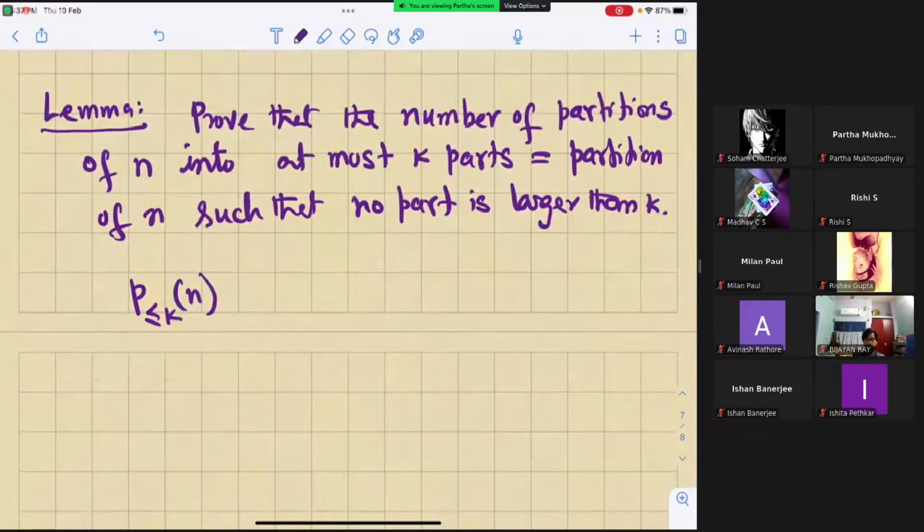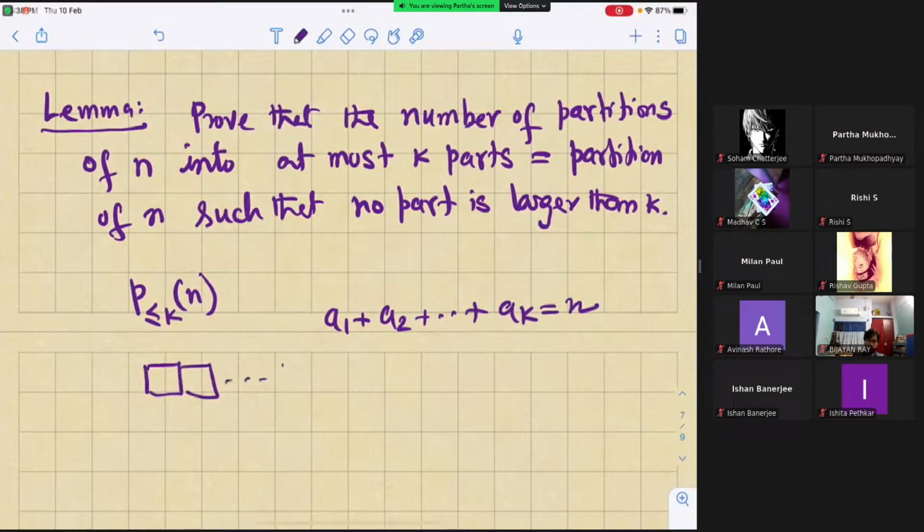So if you have a partition of this number into k parts, then you know that there is a diagram, right? This is A1 and this is A2 and the last one is AK. But if you sum it column-wise, you are again going to get the same number. But column-wise, you cannot have more than k, right?